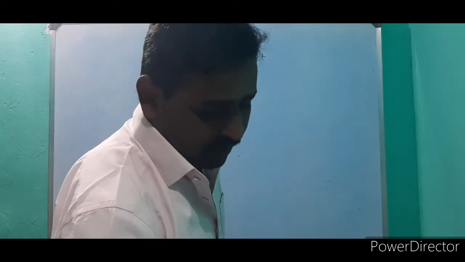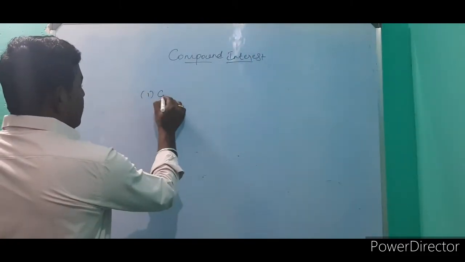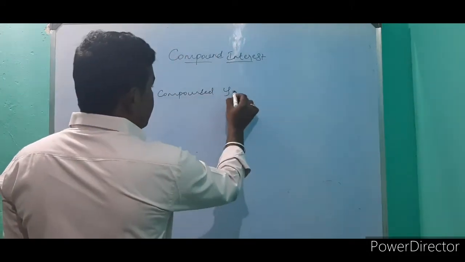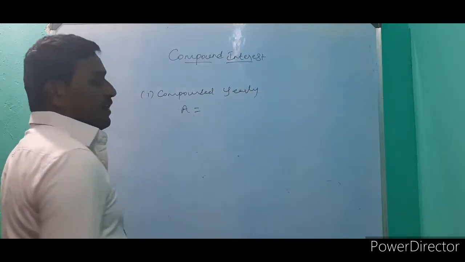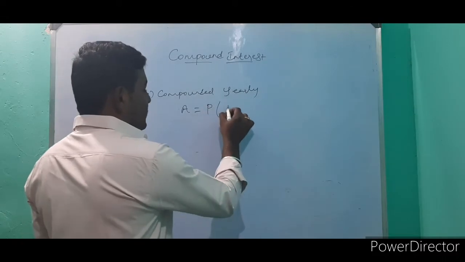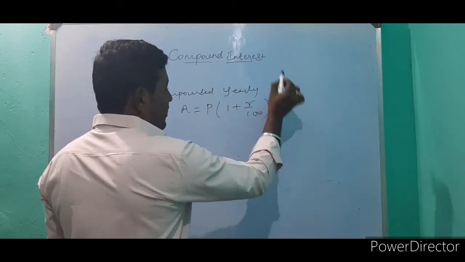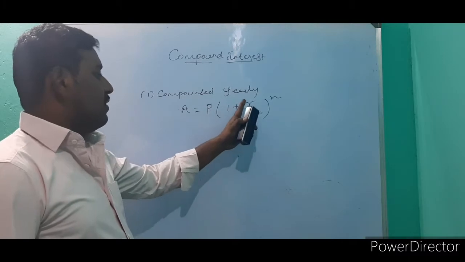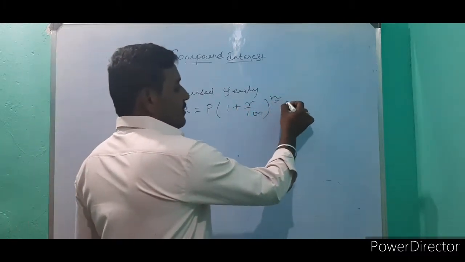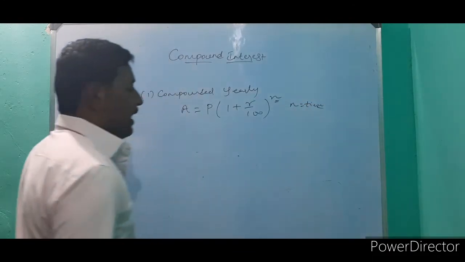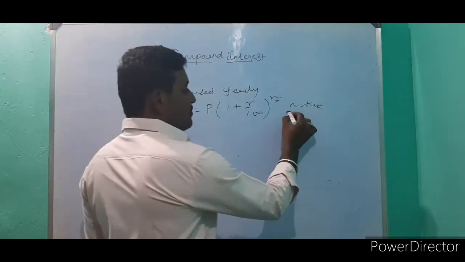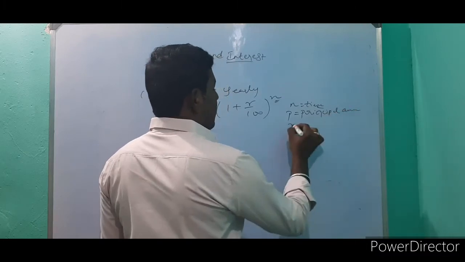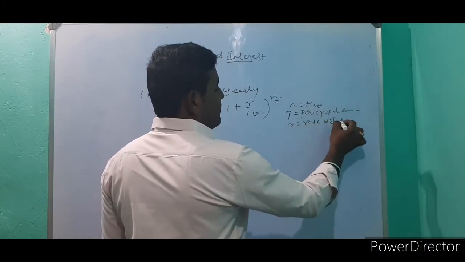If they say compounded yearly, we find the amount using the formula A is equal to P into 1 plus R divided by 100, to the power N. You can directly apply this, where N is time, P is the principal amount, and R is the rate of interest.